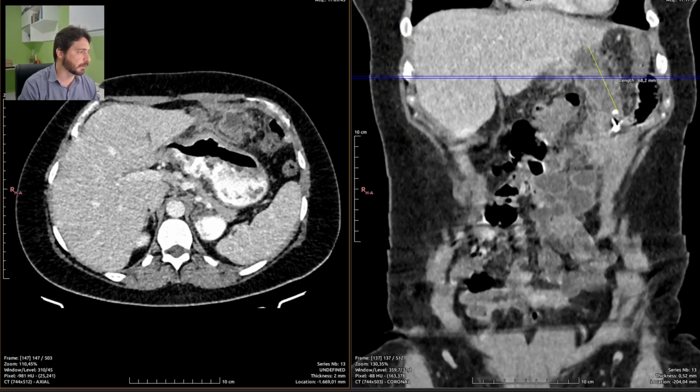I have to add that. I'm just going to summarize the report in the end, just to make the referring doctor's life easier.